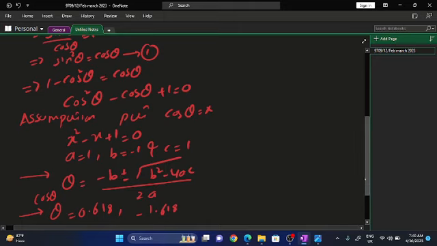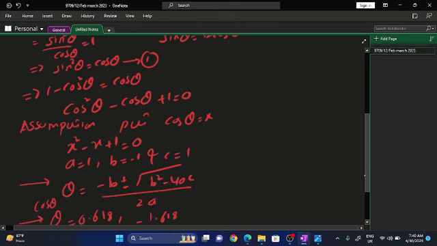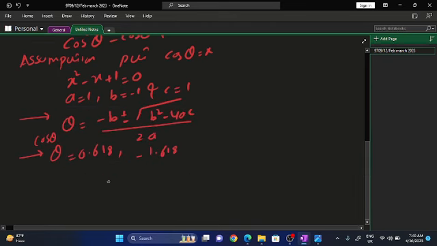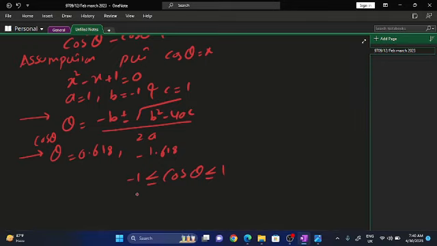Now you have to use some concept for this cos of theta. If you know the limiting values for cos, you know that cos theta has a maximum value less than or equal to positive 1 and a minimum greater than or equal to negative 1.